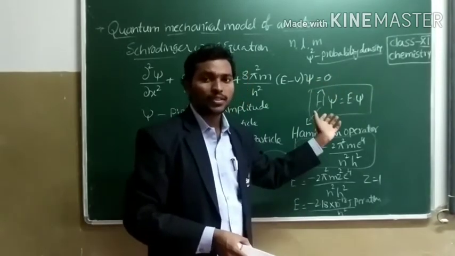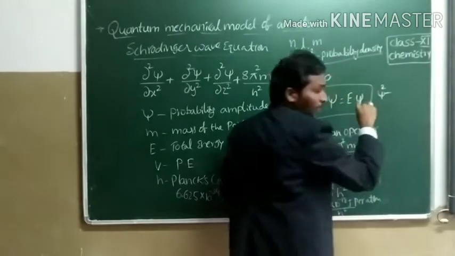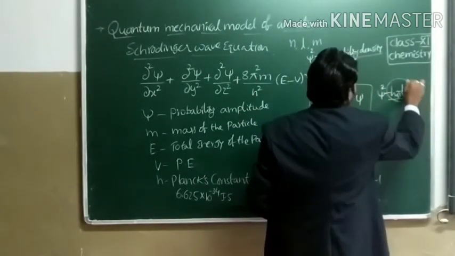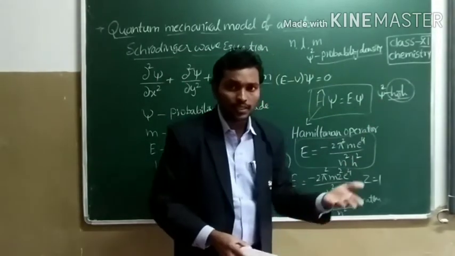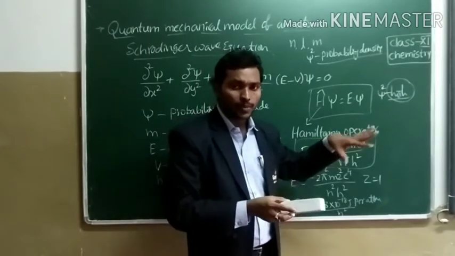When the probability density psi square value is high, then we can tell that there is more probability of finding an electron in the space. If the psi square value is less, there is less probability of finding an electron in the space.